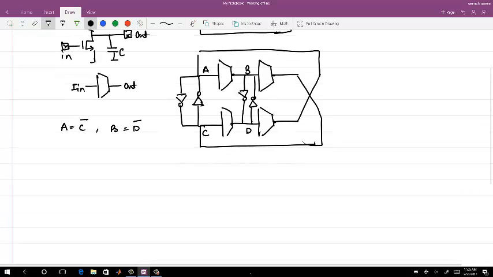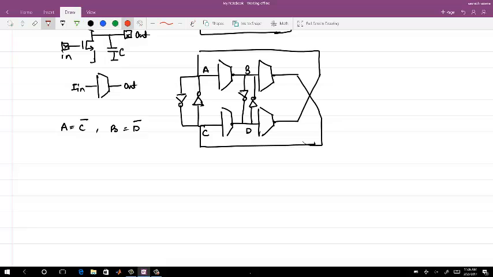This is what I can enforce. Okay. So in all the pseudo differential cells, you need to do something similar to this, may or may not be exactly this, but you need to enforce the differential nature in the two loops. Means two loops here you see. Okay, this is only a single loop.